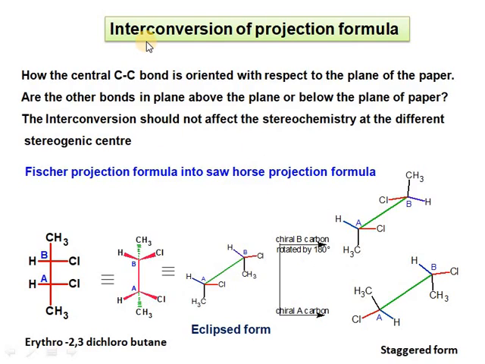Now we have learned how interconversion of projection formulas may occur. It means conversion of Fischer formula to Sawhorse. So this formula we can convert. How to convert this: the carbon-carbon bond is oriented with respect to the plane of the paper, but the other bonds, which are below the plane and which are on the plane of the paper.